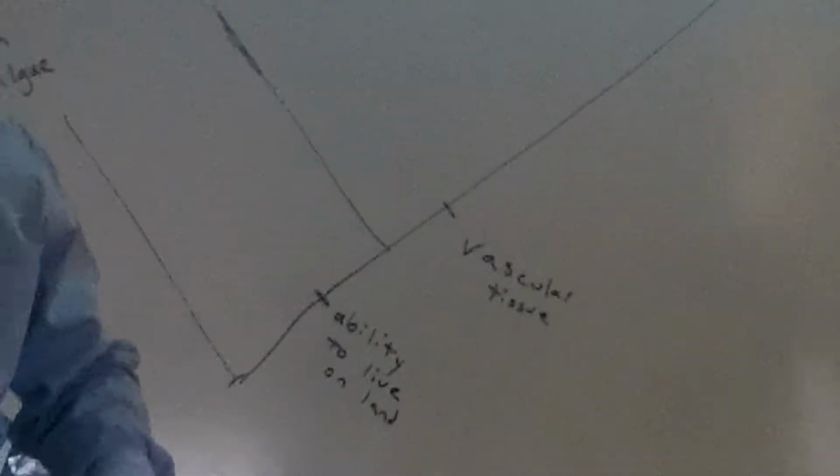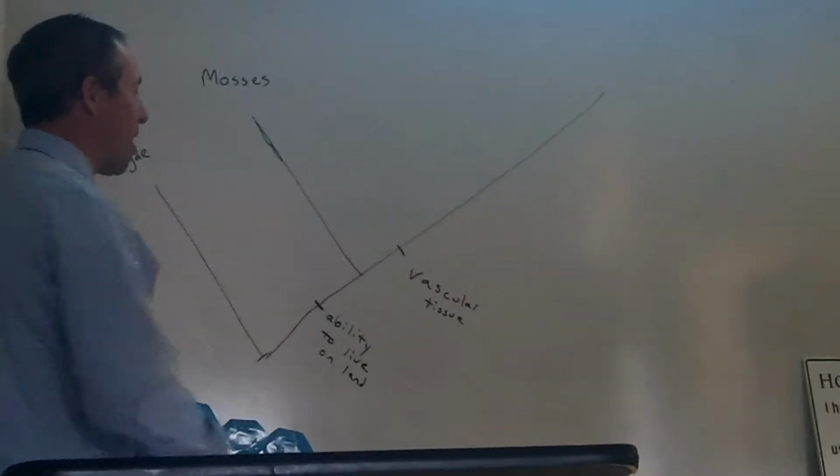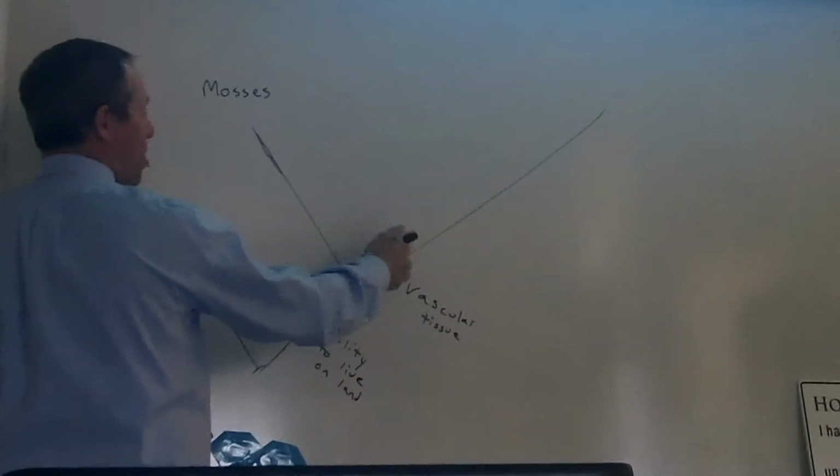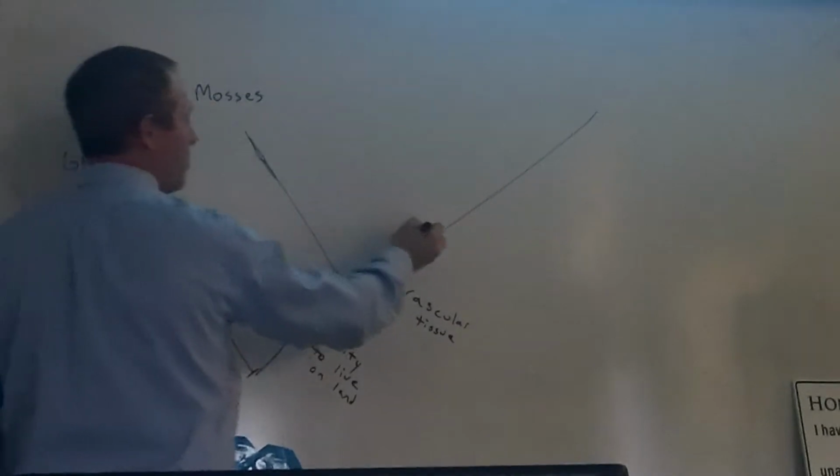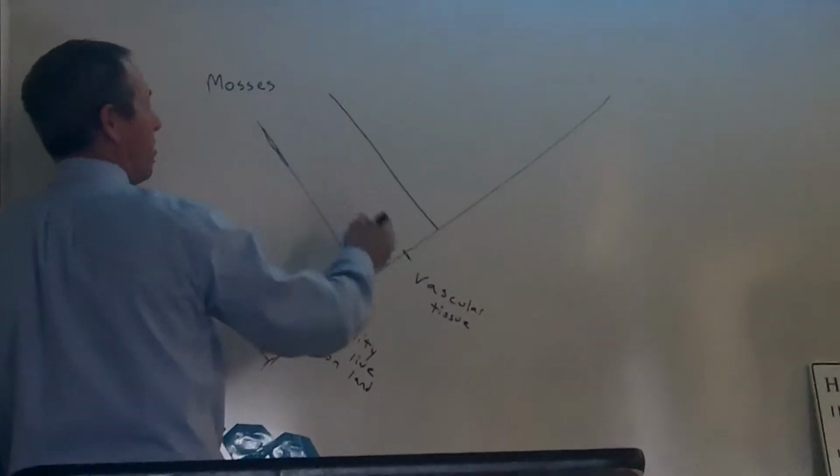Anyway, after mosses evolved vascular tissue. Don't we have vascular tissue? We do. And it's the same sort of thing. Vascular tissue is like your veins, moving fluids around your body. Most plants have vascular tissue, and it moves water and sugars around their body.